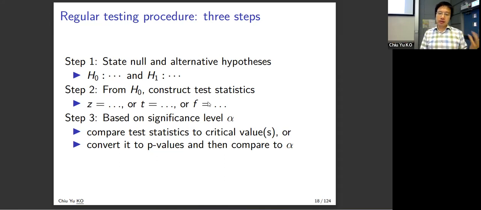Based on the question's nature, you calculate the test statistic, and then based on that, look at the table or use Excel to figure out the answer. So it's very simple. Step 1, based on the question, usually will be very explicit, or you can infer it from the question. Step 2 is based on what we're doing, and step 3 is to look at the table.